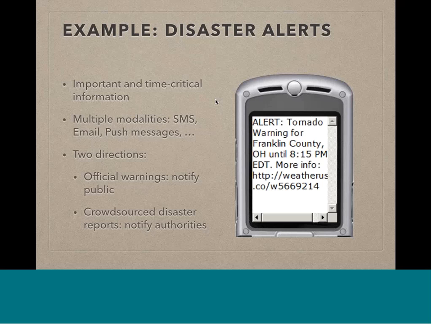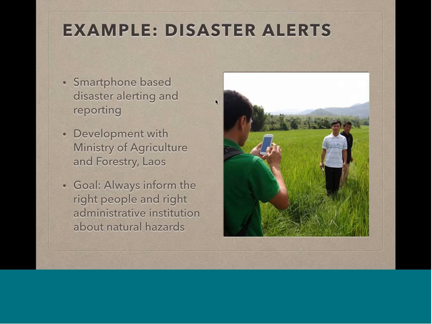And we have implemented this bidirectional view on notifications in our disaster alerting and reporting system that is called Mobile 4D. I will give a very, very short overview on that because it's a very complex system and I could talk half an hour on Mobile 4D on its own.